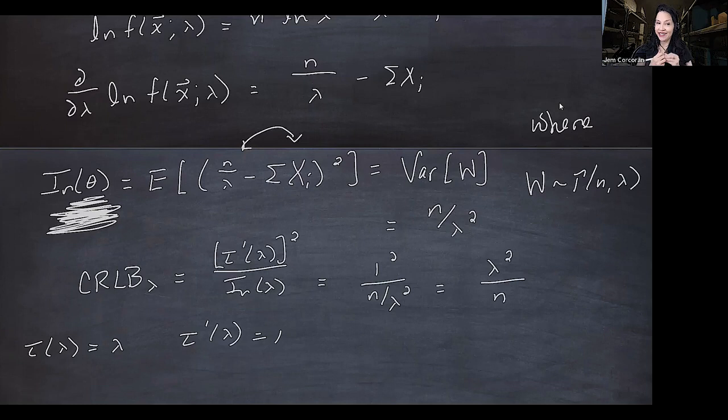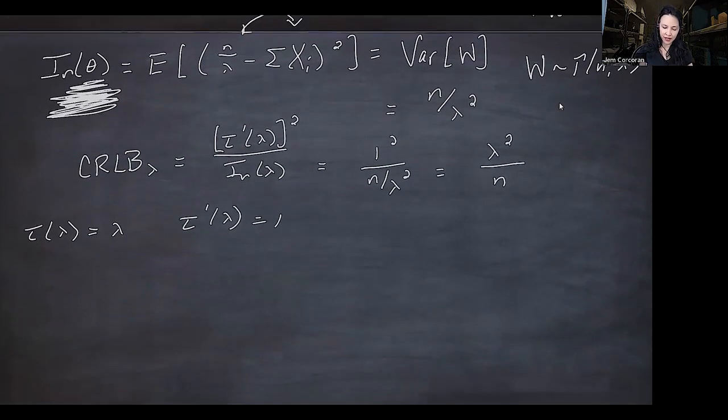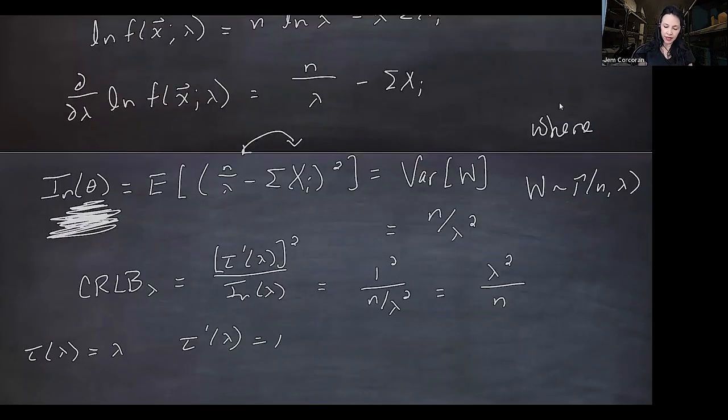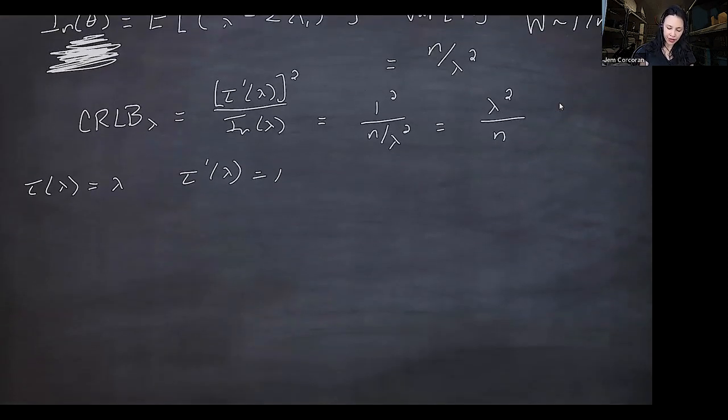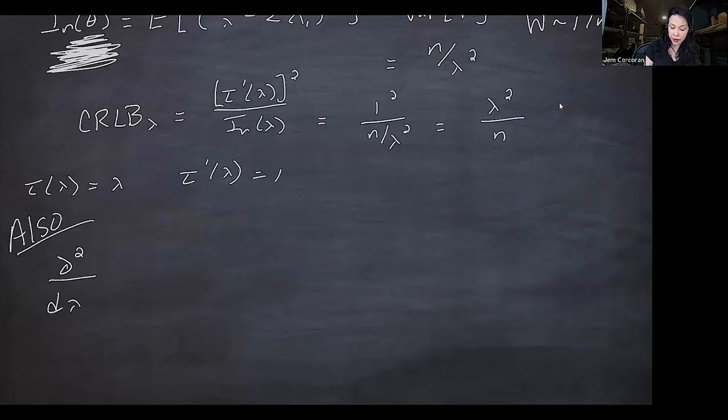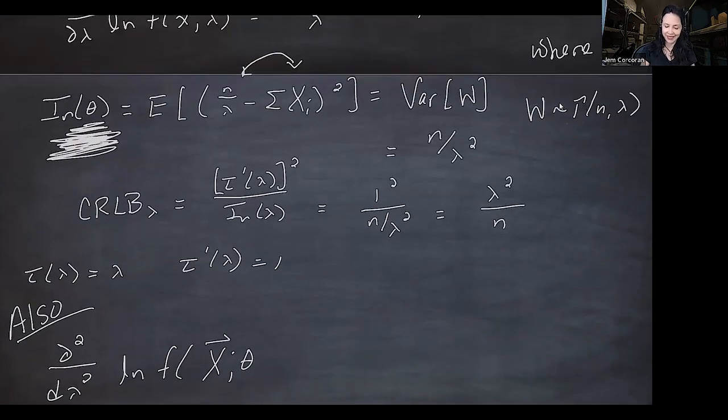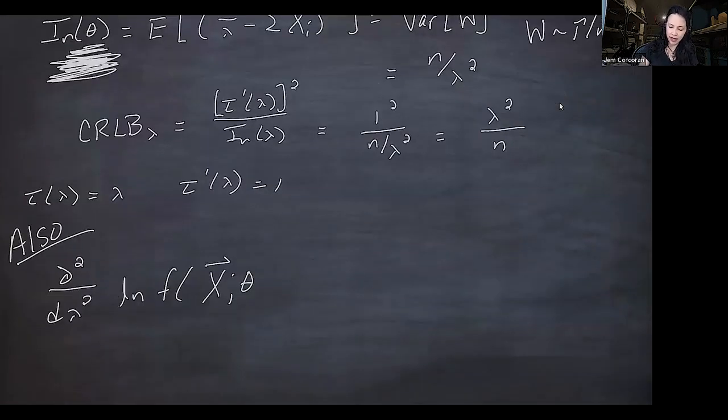But using this new computational simplification, I can go on from this derivative. And so the second derivative, so I'll just say also, this is just another way to do it. The second derivative with respect to lambda of the log of f of the vector x and lambda. Let me stop writing theta.